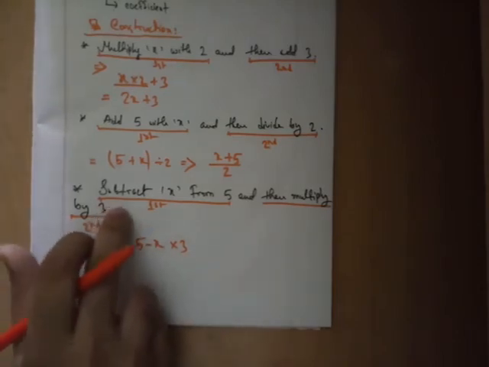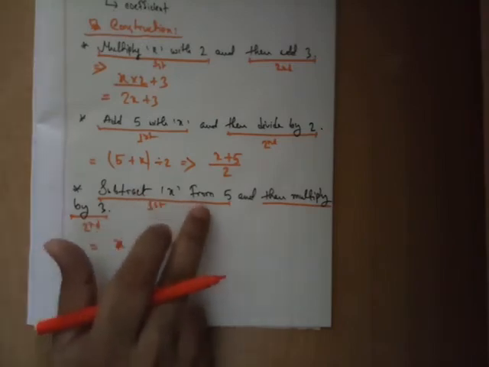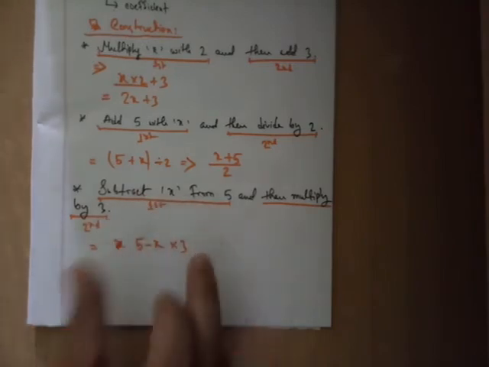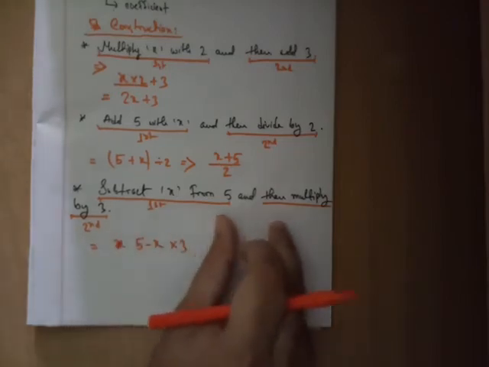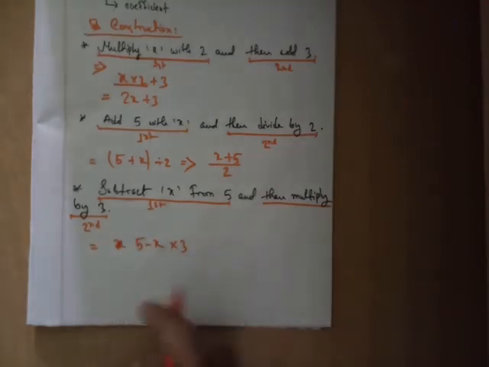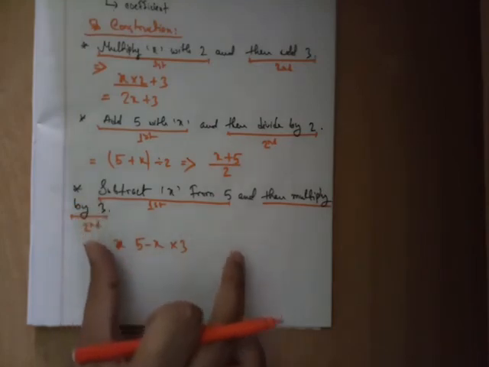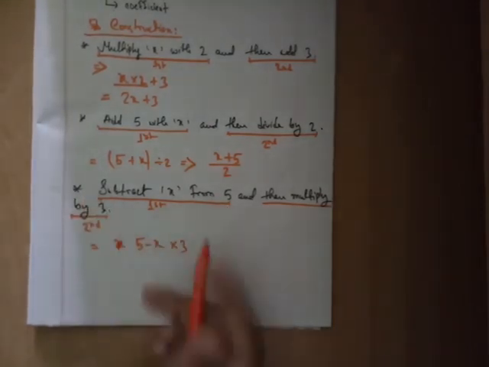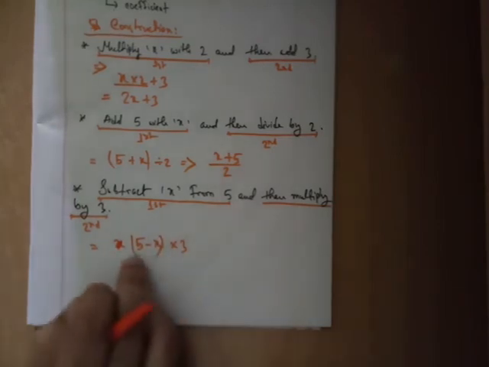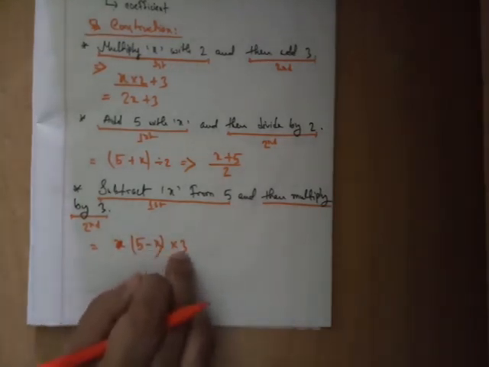But my first part of the task is subtract x from 5, and if I would have known the value of x, I would have solved it, and only after that I would have multiplied it with 3. So in order to show that the first part of the question needs to be done first, you put it in brackets. So 5 minus x, multiply by 3.